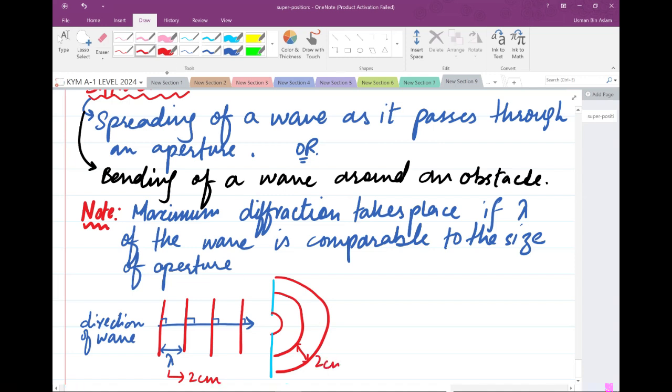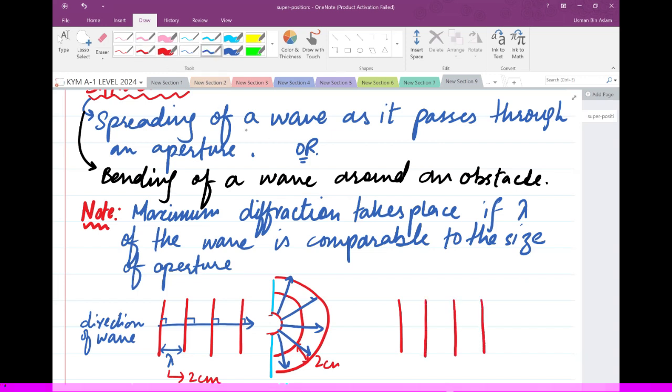Wave that was traveling towards the right, after passing through the aperture, is going to travel in all possible directions like this. But this wavelength is supposed to be comparable to the size of an aperture. Comparable means approximately equal. Doesn't necessarily have to be equal, but it has to be approximately equal.